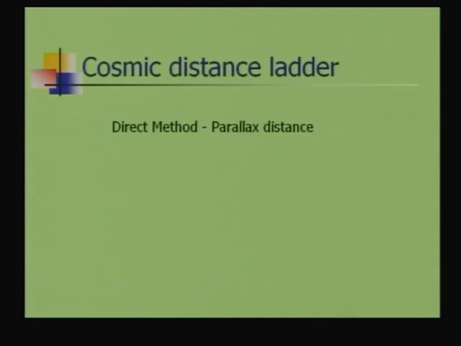I am sure that all of you know what parallax is. Consider an object which is static, and the observer is moving. Imagine in a train or something. The angle at which the object appears changes because of the motion of the observer.